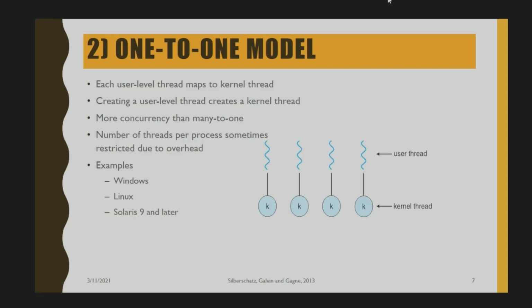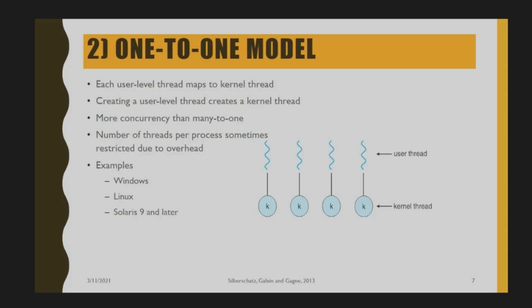That's why we have the overhead issues. So for those applications that implement the one to one model, it will restrict the number of threads supported by the system in order to overcome the issue of overhead.